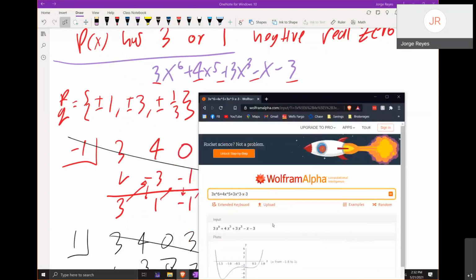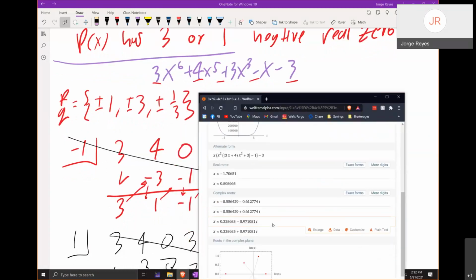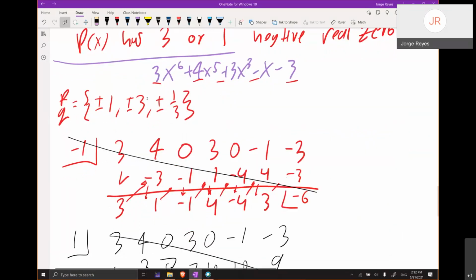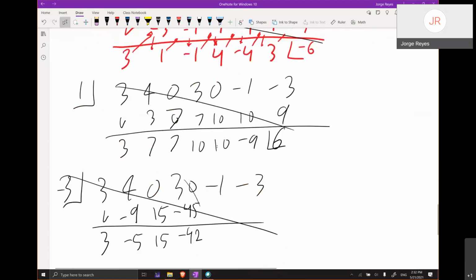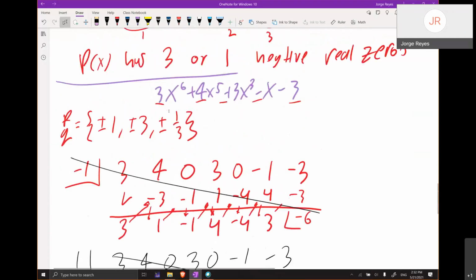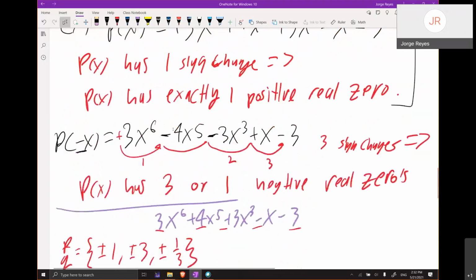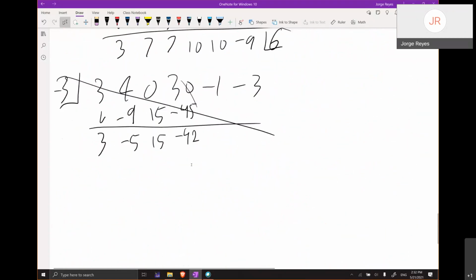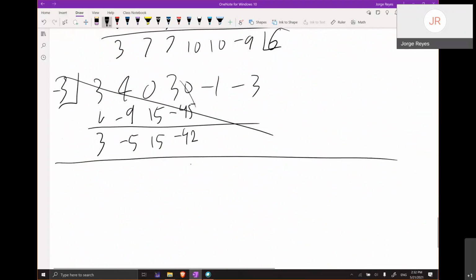Are they just the fractions? Nope. You do not have any rational roots. No rational roots. All right. So I would have had to guess all 9 of these, and they all would have not worked. So maybe this is why I didn't finish this example. All right, but there you go. Another example of something that just doesn't have rational roots.